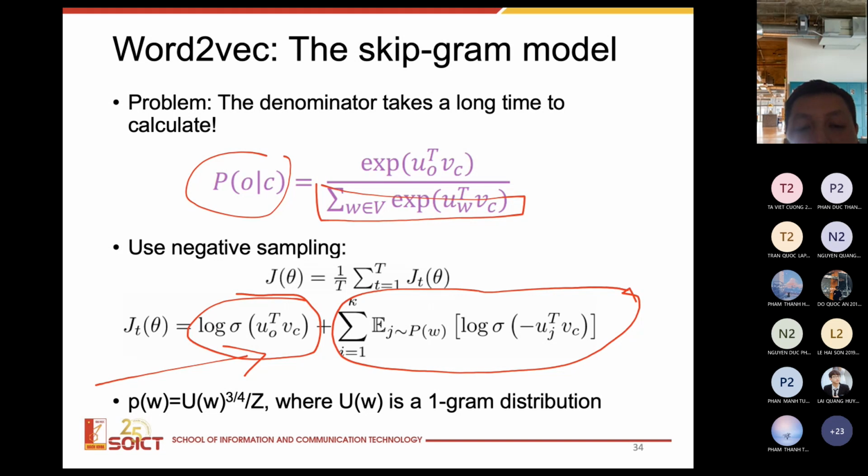Instead of having the model predict the probability of the next word, they use negative samples so that the loss maximizes the probability for the correct sample and minimizes the probability for the wrong sample.